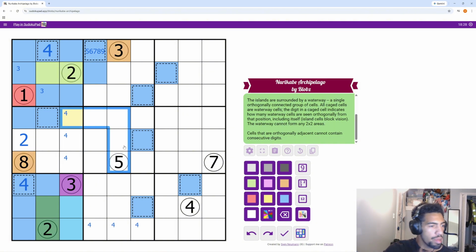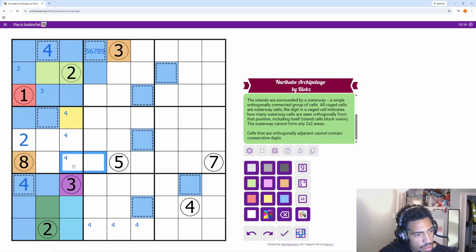So the 5 would have to be like this, and then all of the cells. If the 5 was like that, and yellow is part of the 5, all 8 of these cells would have to be part of the 8 island, but then that touches orthogonally other islands. So this yellow is definitely part of the 8. Okay.